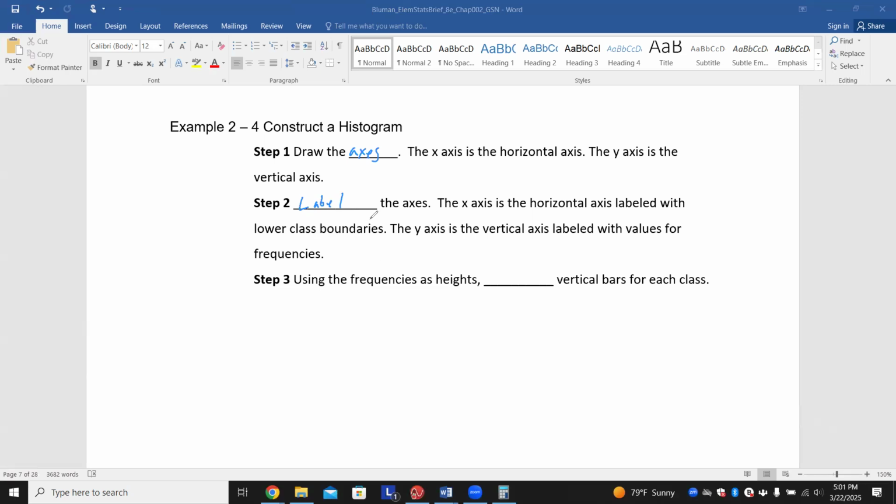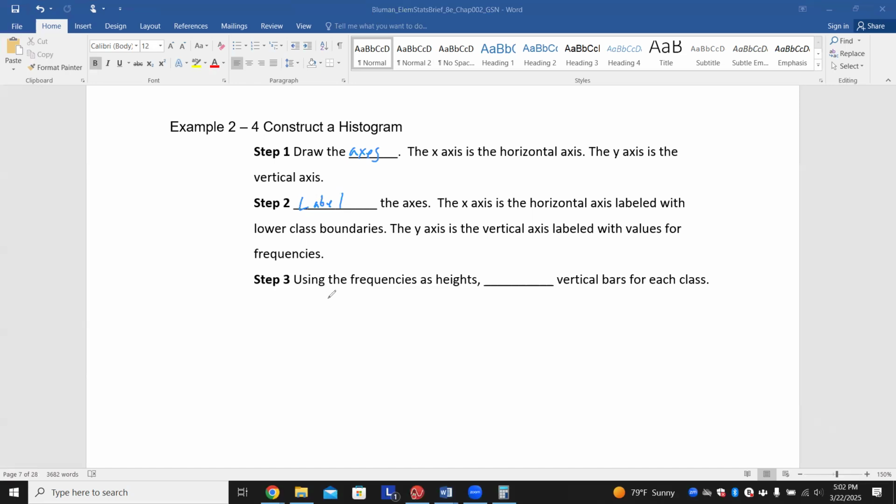So you could have your A, B, O, and AB, or you have your classes like 140 to 229, 230 to 319, and so on. But the y-axis, the vertical axis, will be labeled with values of frequency. So that would be 1, 2, 3, 4. How many times did we get a number in that class?